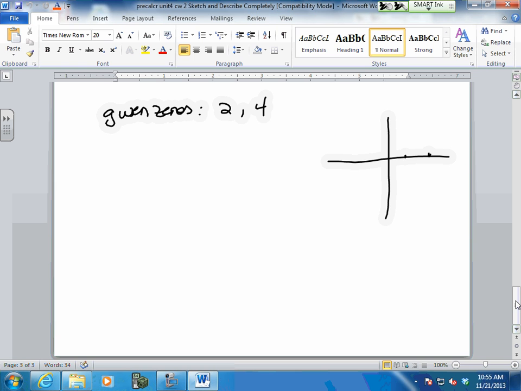Now, when you took apart any parabola, don't write this down, just let me show you something. If you did this, and you factored this, oops, make this a minus. You factored this.